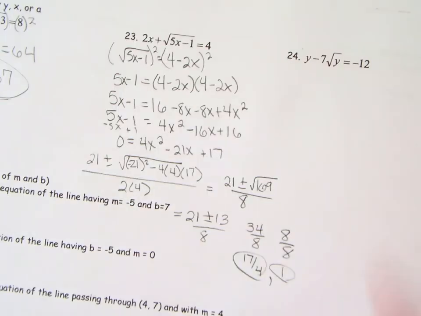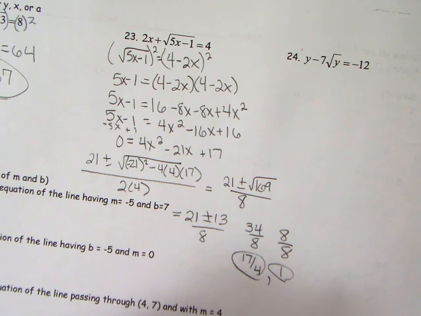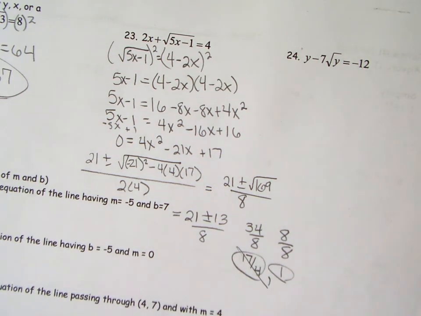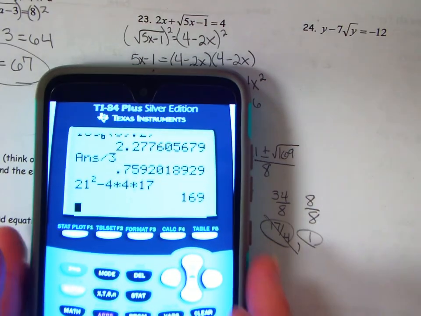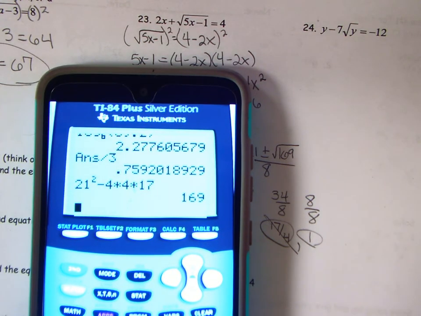I'll give you a second to catch up. You should verify by plugging these in. You will notice that 17 over 4 does not plug back in. I will show you why it does not. So let me put my calculator right here. You plug it back into the original.